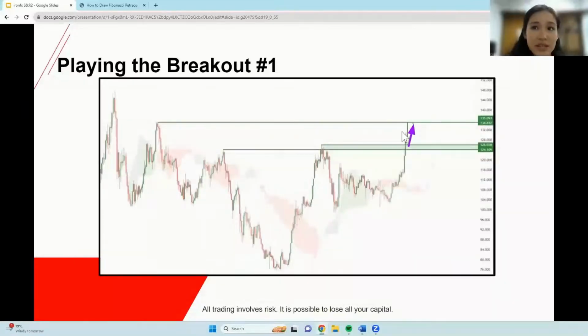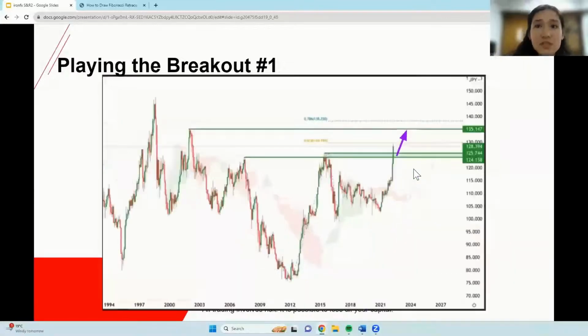And that's exactly what it did over here. So once price reaches our 61.8, we can expect it to continue, or once it breaks out of the 61.8, we can then expect it to continue towards our 78.6 level. And our 78.6 level is about the same level as the swing high resistance as well.